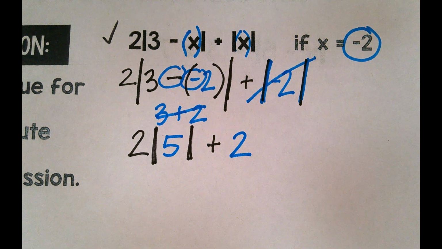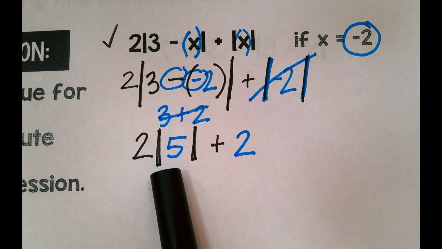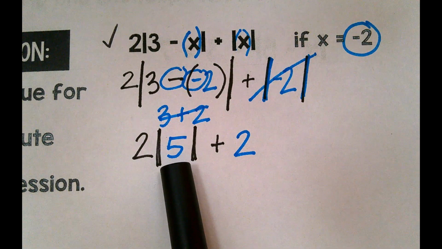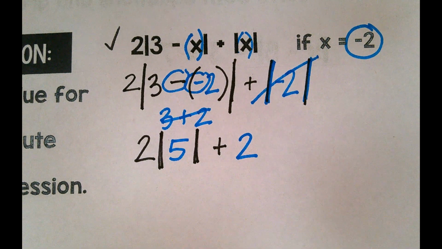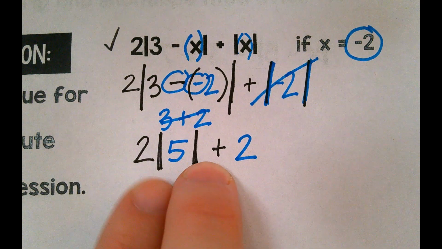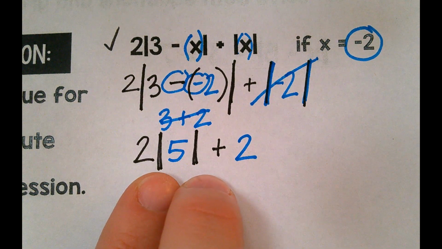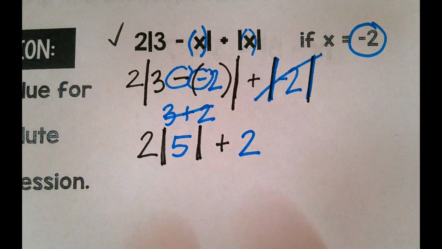So let's do that. What's the absolute value of positive 5? It would still be positive 5, and the bars would go away because the absolute value of 5 is 5.